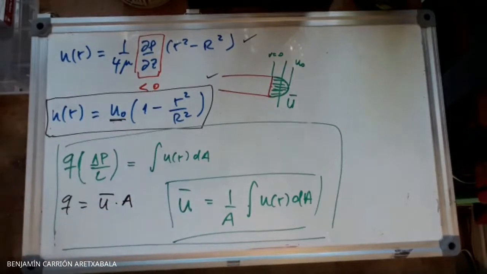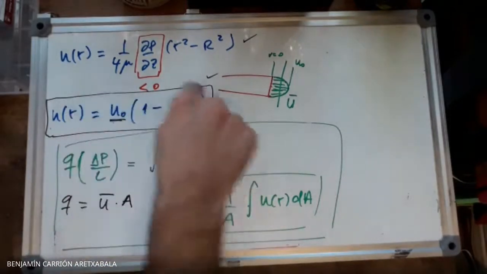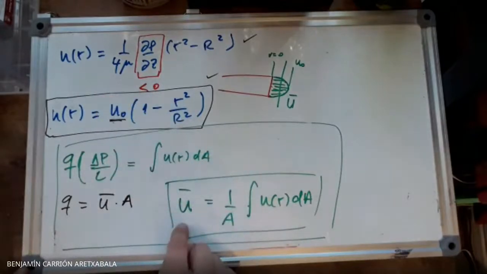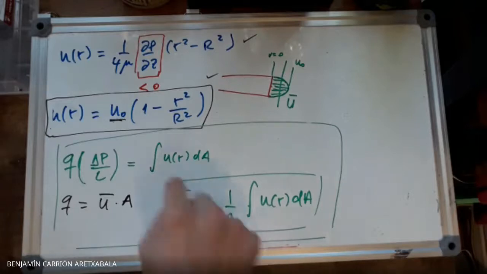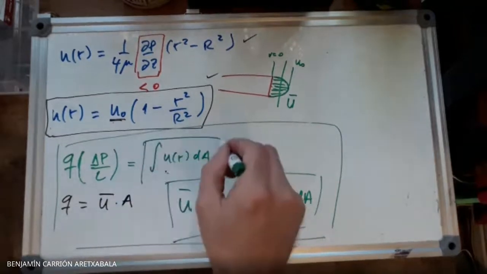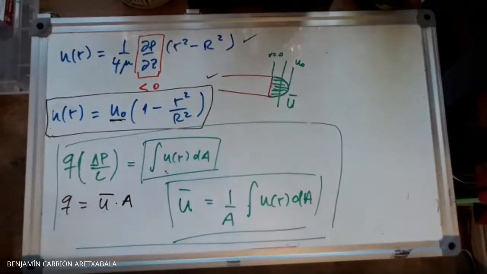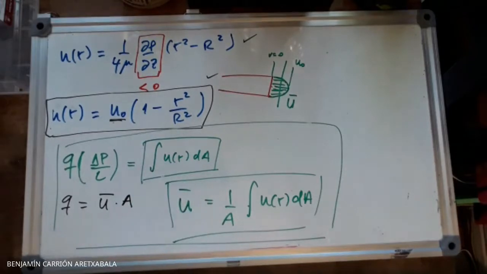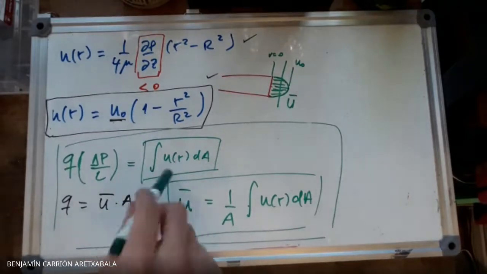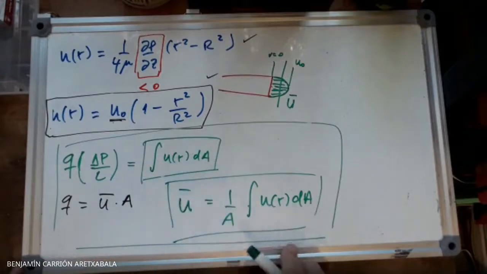Maybe try to do it at home, but since you have the velocity profile, try to determine the mean velocity and the actual flow. If you're able to do this, then you're in a very good position. You should be able to do this on a test, for example. We did it in the past class, and I can do it now if you want, or we can just finish now and you can do it later on.